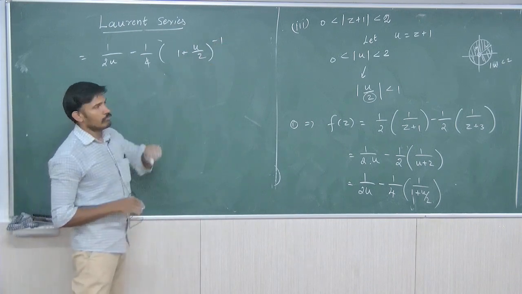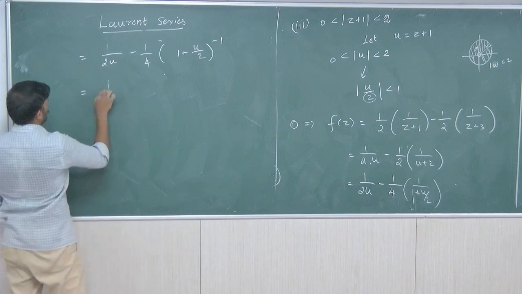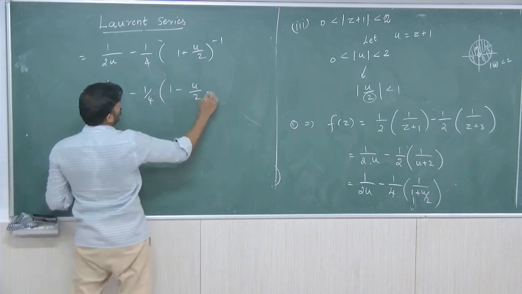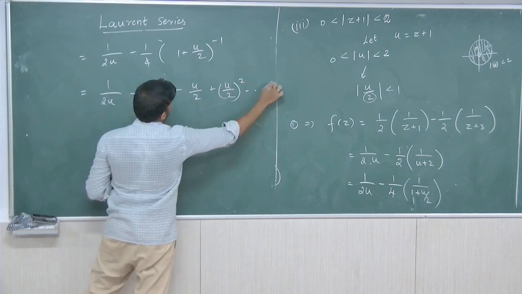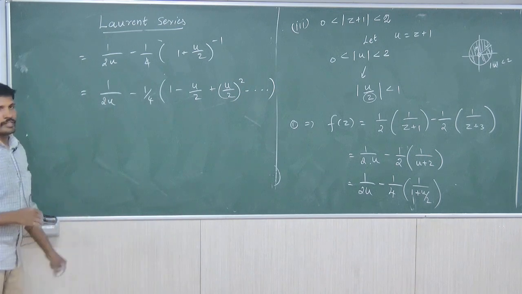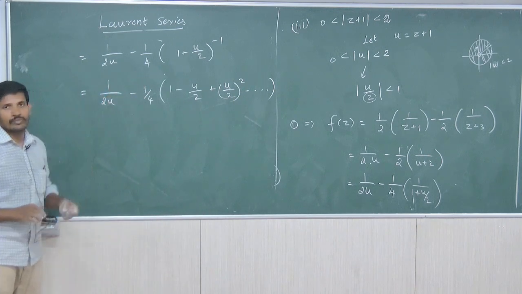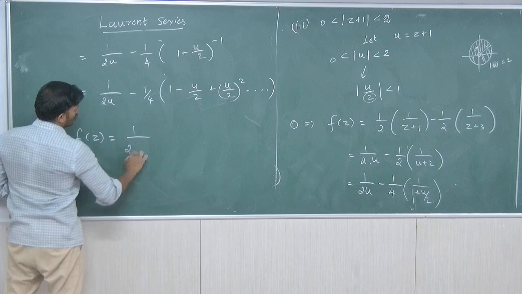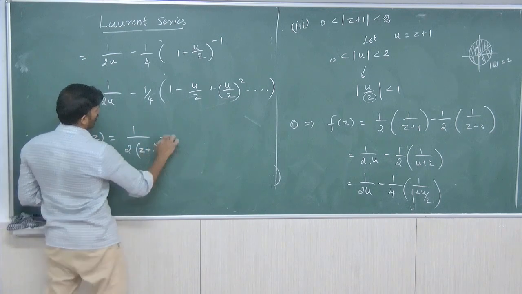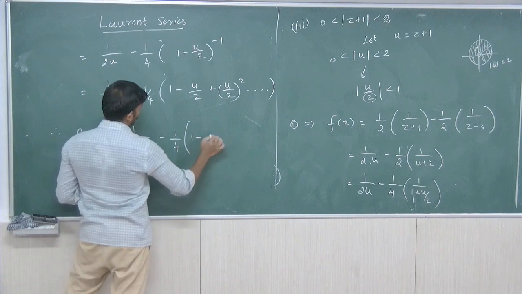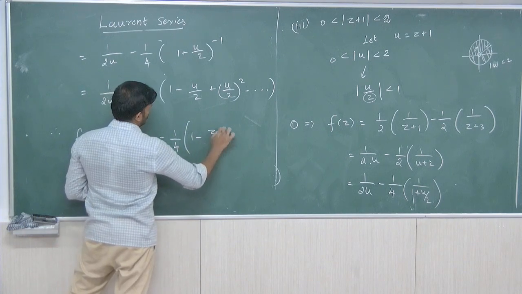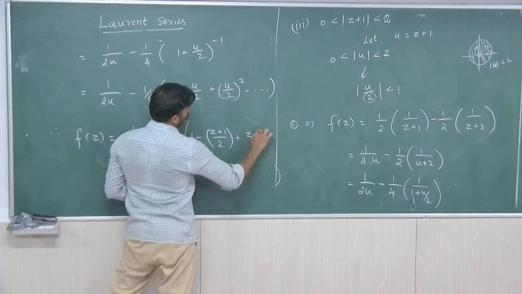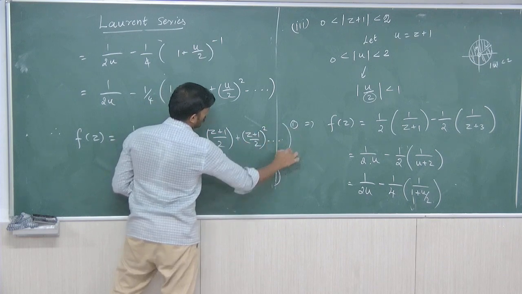Definitely you can apply binomial expansion. So 1 by 2u minus 1 by 4 into (1 minus u by 2 plus (u by 2) whole square minus and so on). Now you can replace u by z plus 1 here. So from that you may get f of z equal to 1 by 2 into (z plus 1) minus 1 by 4 into (1 minus (z plus 1) divided by 2 plus ((z plus 1) divided by 2) whole square minus and so on).